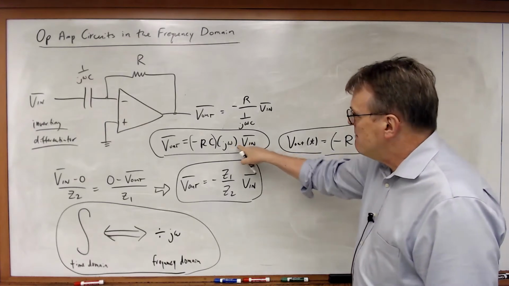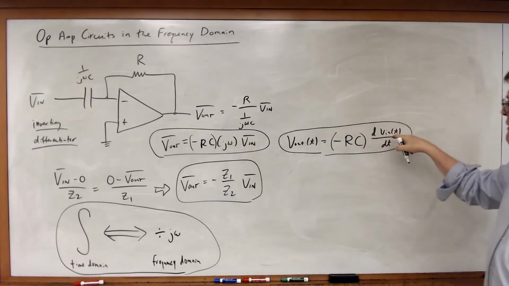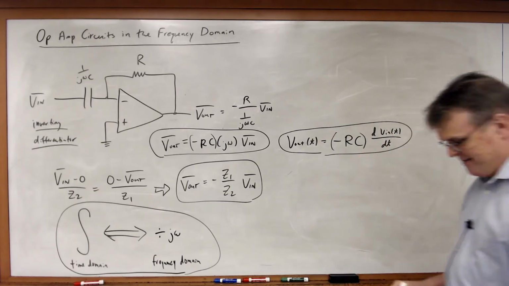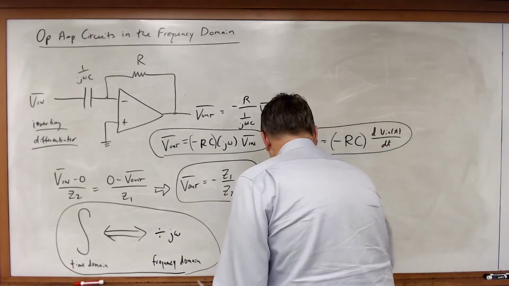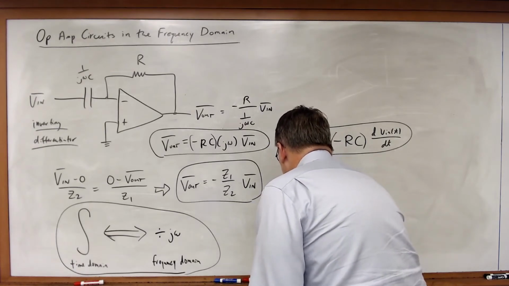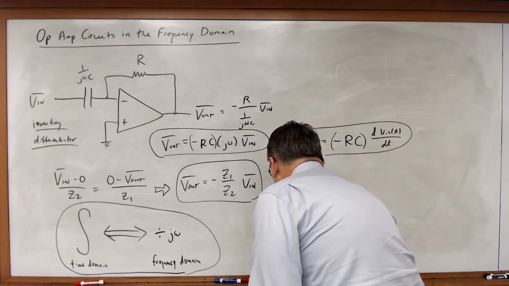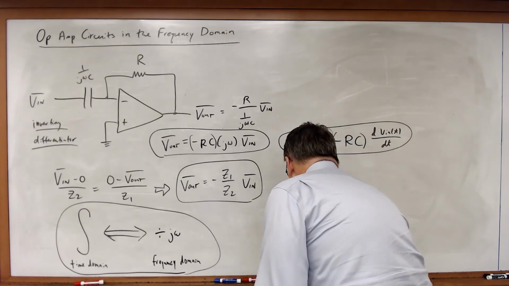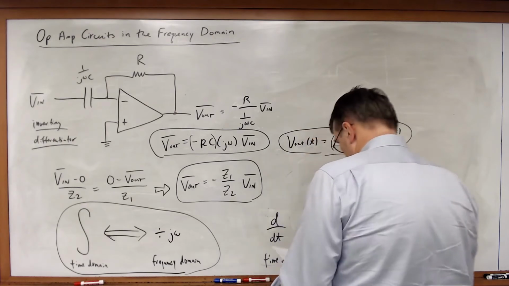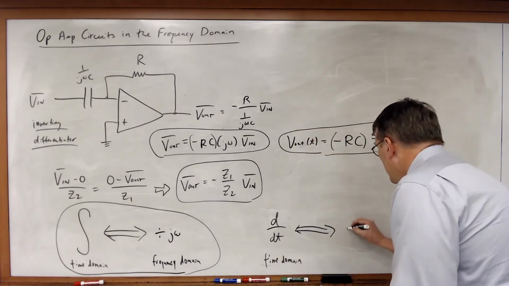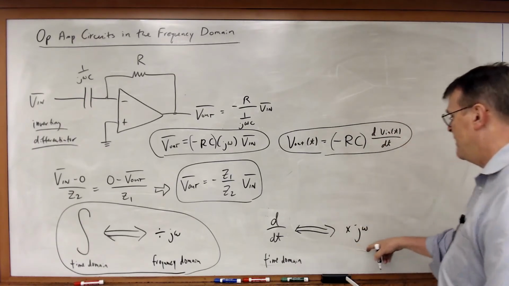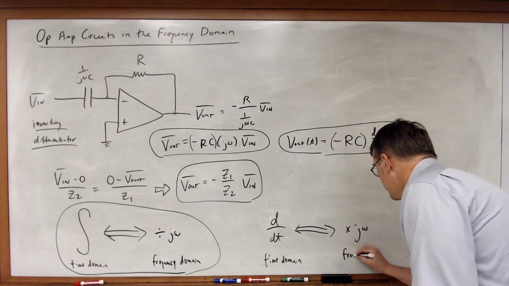Here I've got j omega Vn. Here I've got the derivative of Vn. So we see our second bit of insight. Differentiation in the time domain is directly equivalent to multiplying times j omega in the frequency domain.